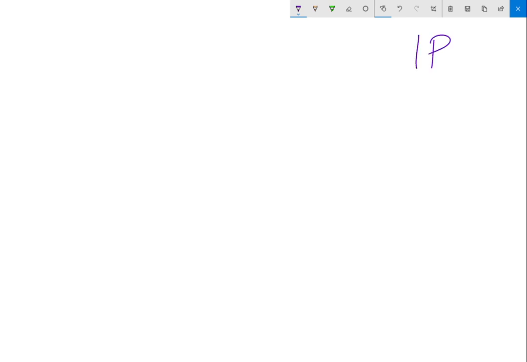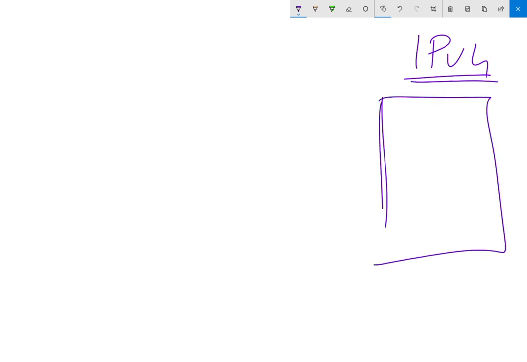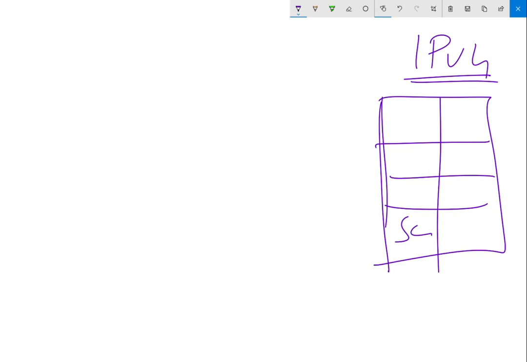In IP version 4, the header has a lot of information. It has the source IP address, destination IP address, the header file, the payloads. It has a lot of information. It even has the routing details.